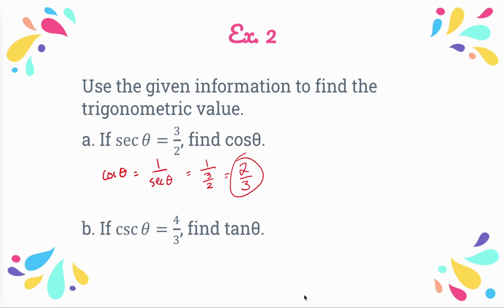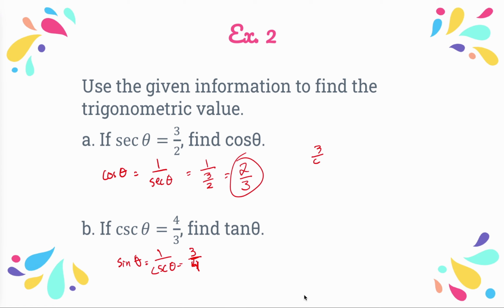One thing would be if cosecant is equal to 4/3, right, then sine theta is 1 over cosecant theta, which would be 3/4. And then we could use the Pythagorean identity to find cosine.